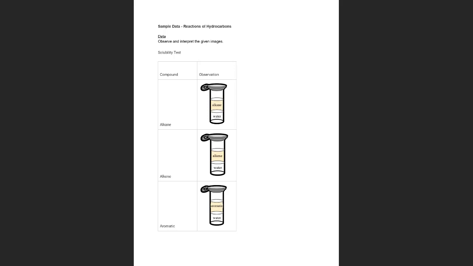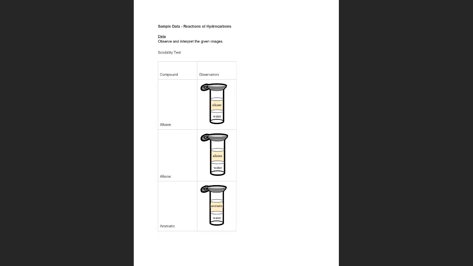So by observing this data, what do you see? Water is in the bottom and the alkane is in the top. Are they soluble? Obviously not, because they have two phases.